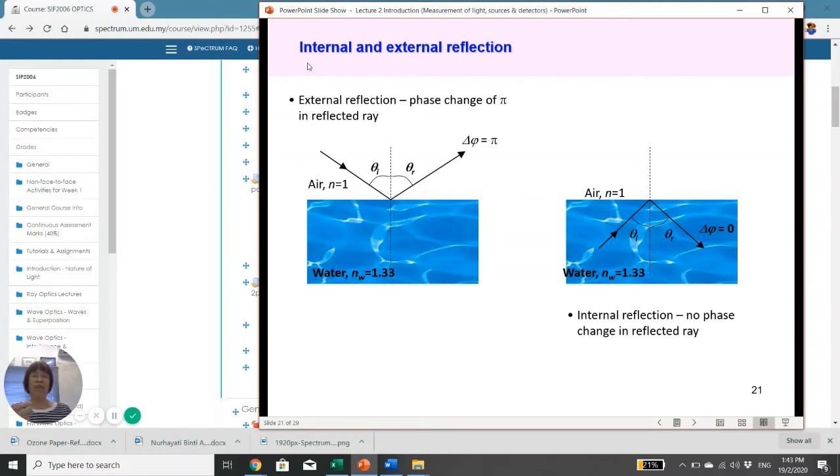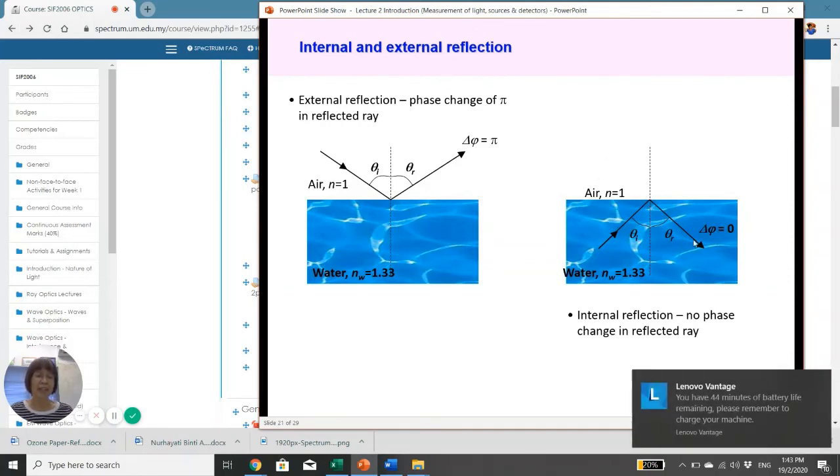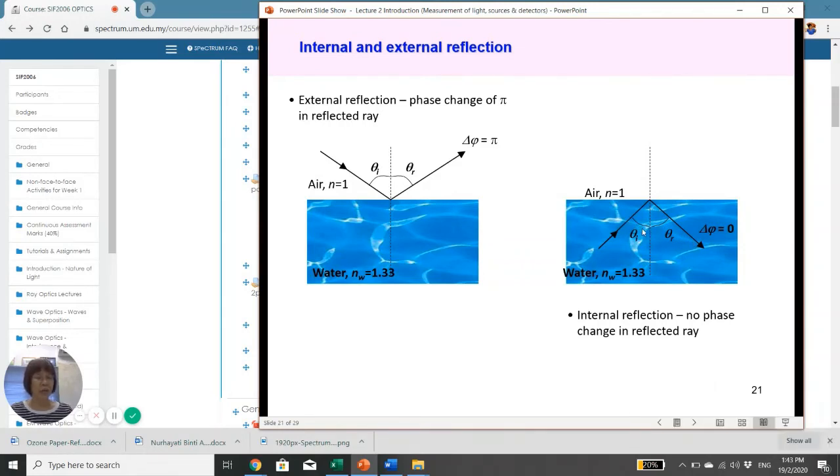However, if you have internal reflection, that is, the incident ray is now coming from the denser medium, like water, and hits the interface that separates this denser medium from another, less dense medium, and it gets reflected. Of course, this angle must be larger than the critical angle, so we'll talk about that later.